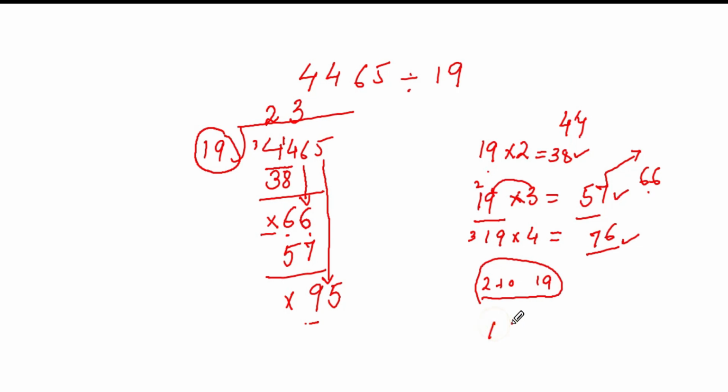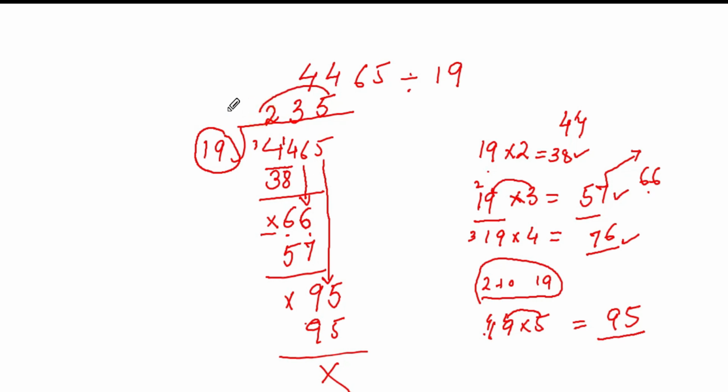Now we can try 19 times 5, and that is 5 times 9 equals 45. 5 times 1 is 5 plus 4 is 9. So look, we have found our number equal to 95. So now 19 times 5 gave me 95. Here you go. So your remainder is 0. It means your answer is equal to 235, right?